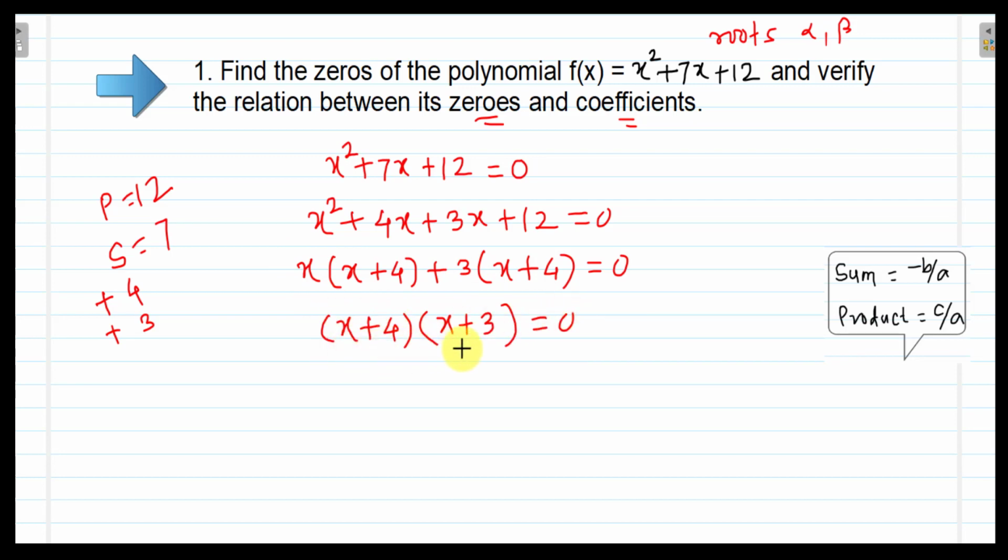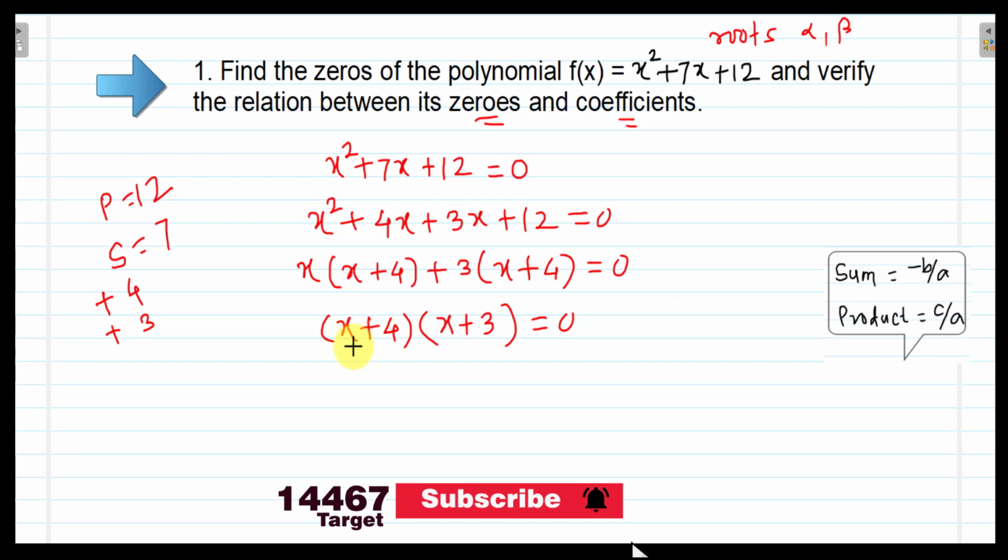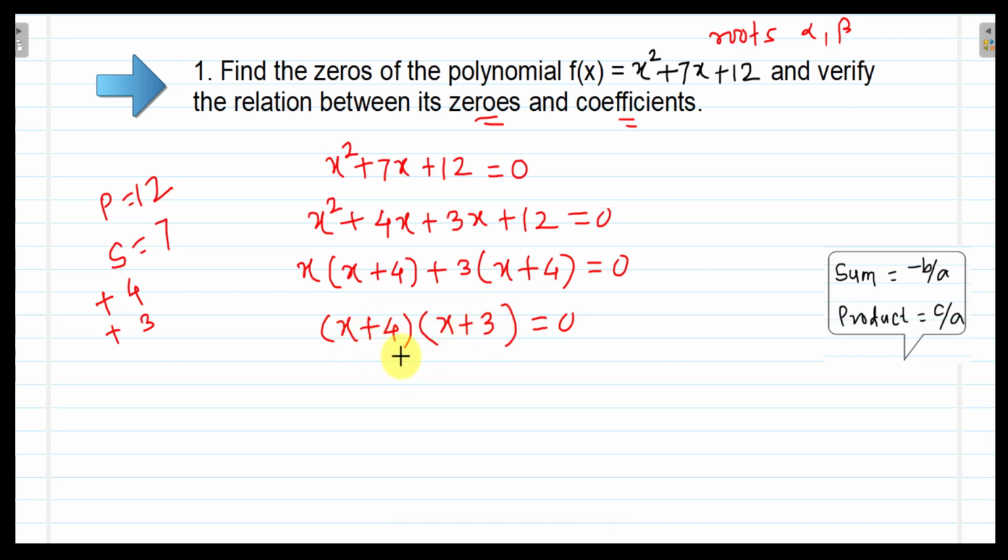And now since the product of x plus 4 and x plus 3 is 0, it means either this bracket should be 0 or this bracket should be 0. Then only the product will be 0. So we can write that either x plus 4 should be equal to 0 or x plus 3 should be equal to 0.